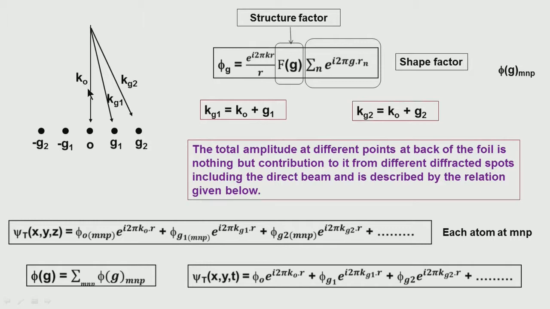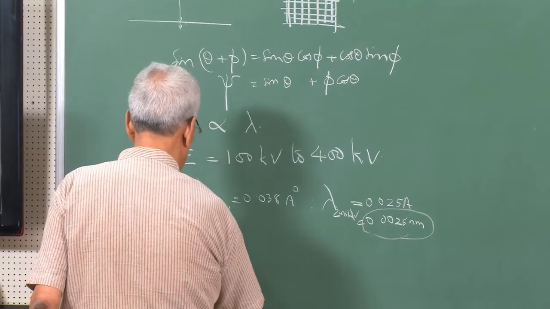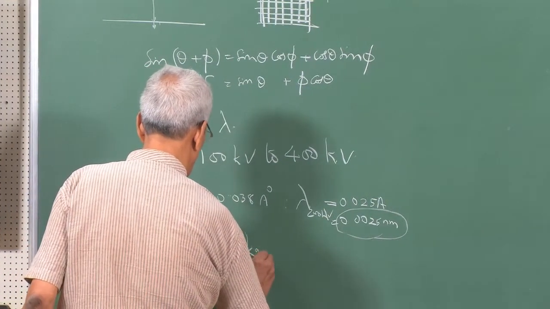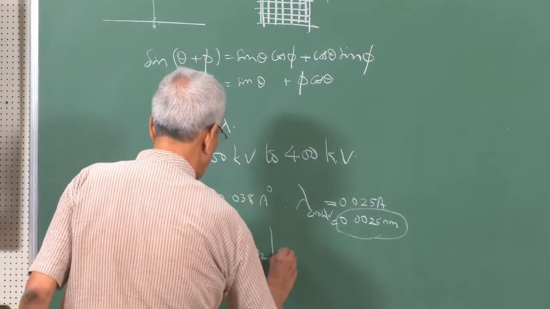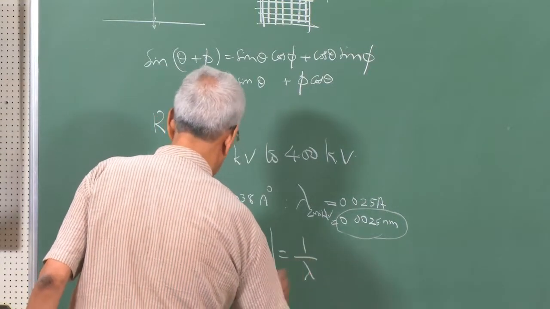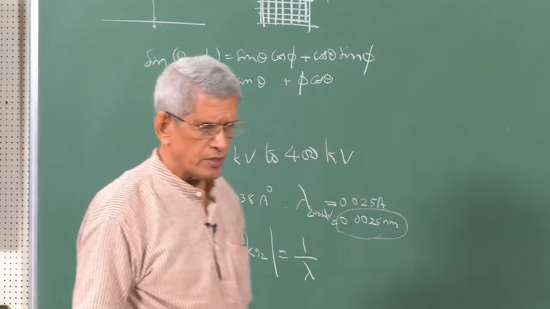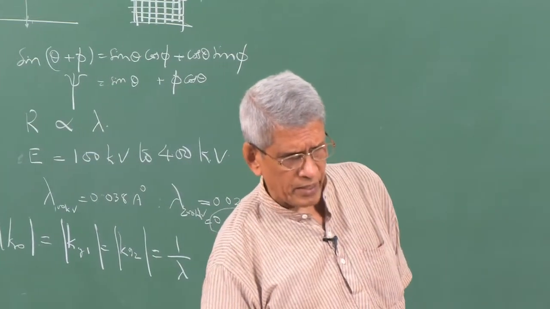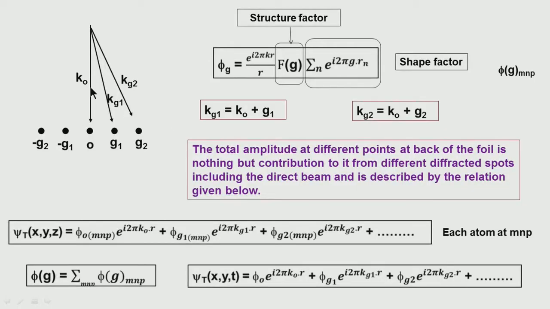The magnitude of all these, k0 equals kg1, the magnitude of the vector equals 1 by lambda, which we know. But in vector notation, kg1 will be k0 plus g1, and kg2 will be k0 plus g2.